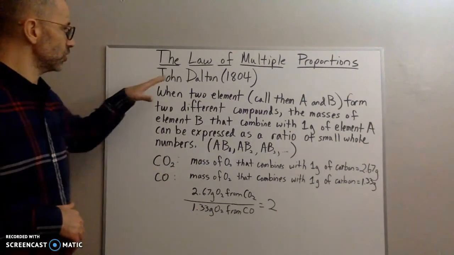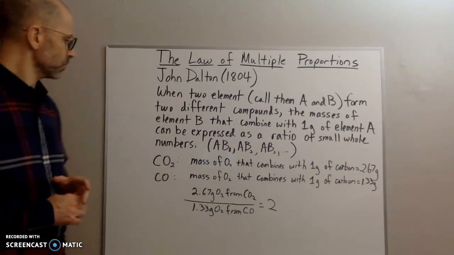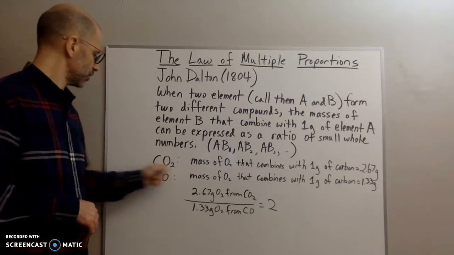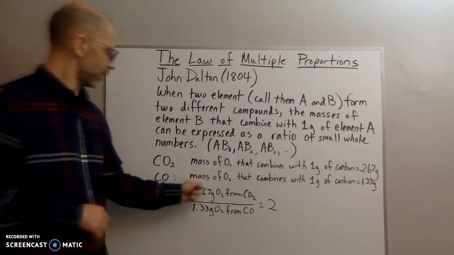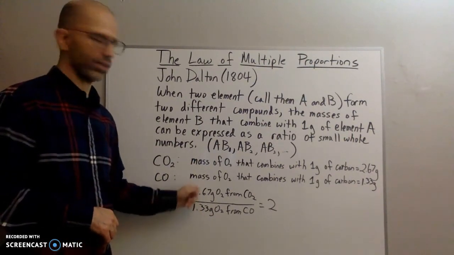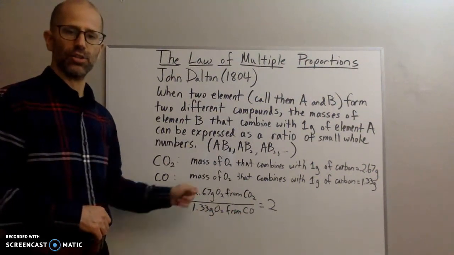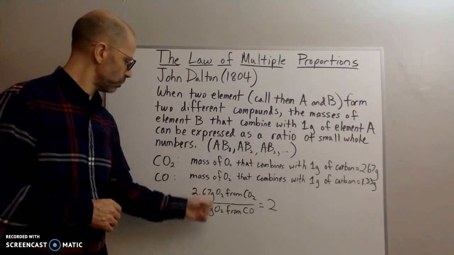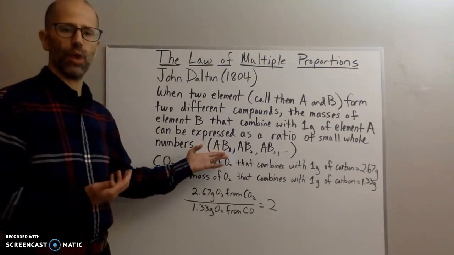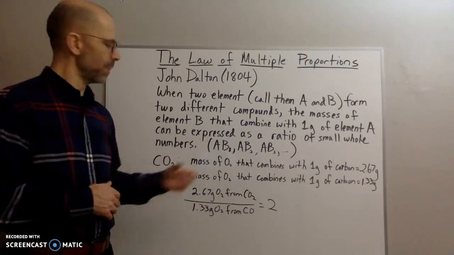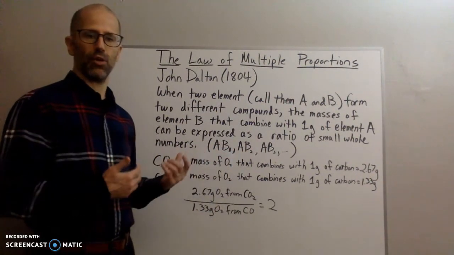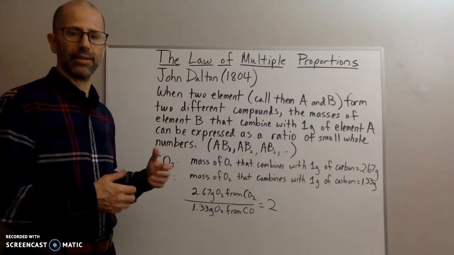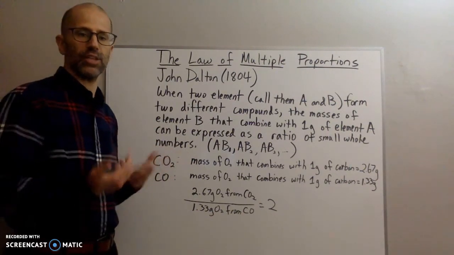So this is called the law of multiple proportions, because the proportions between the oxygen and the carbon are different, but you can get a whole number ratio between the two different masses. Again, this would be expected if all you have in your substance are atoms, and if you have the same elements in your compound, then the only way that they're going to differ is by the different numbers of atoms of each of those elements.